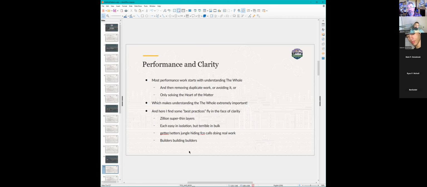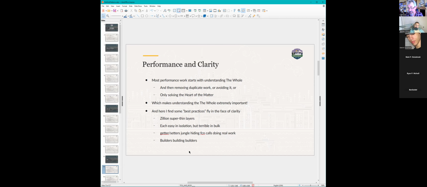Getters and setters, making a jungle of function calls. And there are real function calls that do real things. They either change important state or where your time and energy go. There's some secret key thing in the one function call, and surrounding it are 100 getters and setters that do nothing. And you can't find the real guy for the sea of junk function calls.